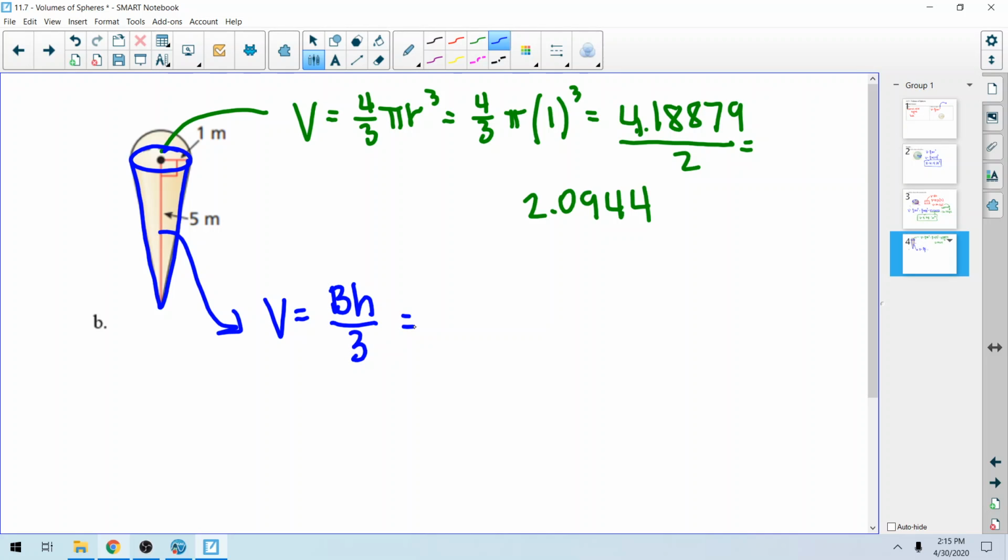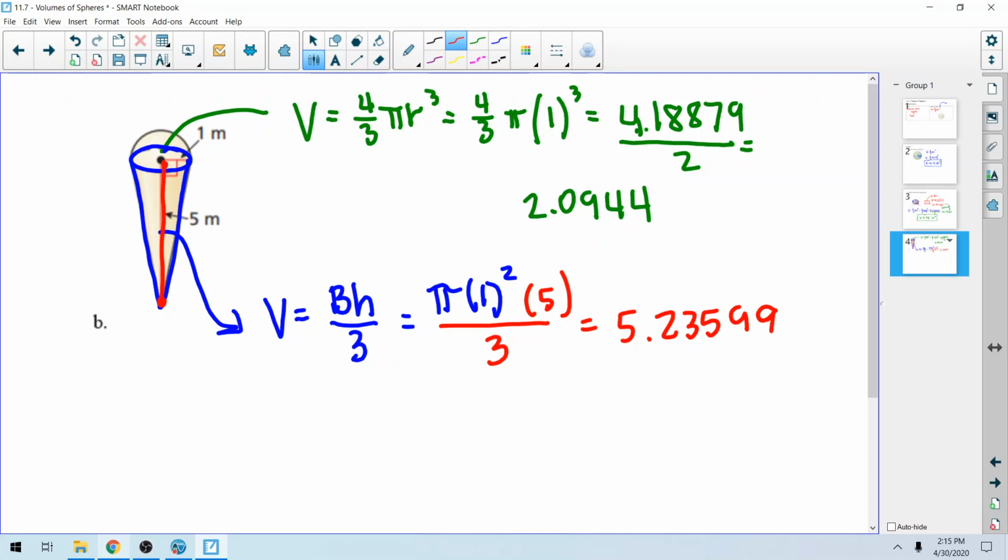So the area of the base is a circle, so pi r squared, times the height of my cone, which is 5, and then divided by 3. So in my calculator, pi times 1 squared times 5 divided by 3 is 5.23599.